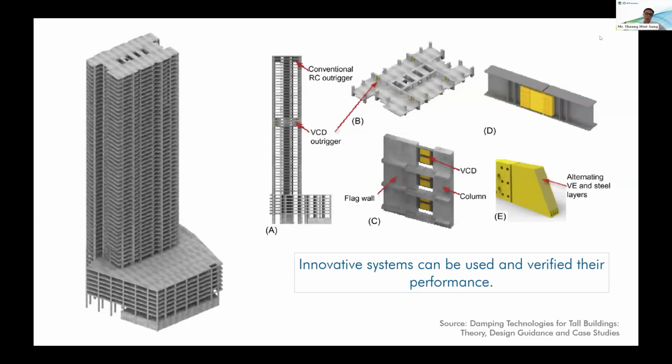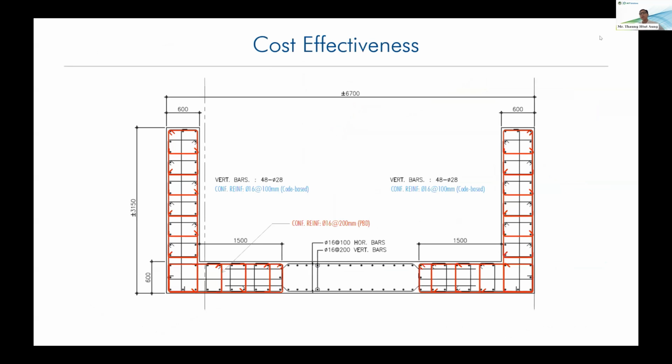Another thing is using dampers or base isolation. In that case, we can also model those devices explicitly in our nonlinear model and then check the effectiveness of the system. And another thing is the cost effectiveness.